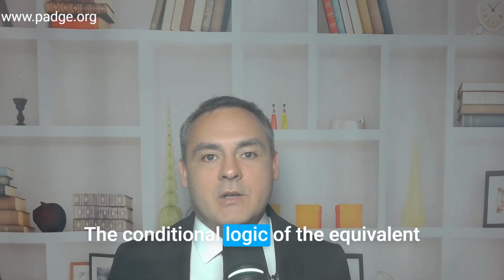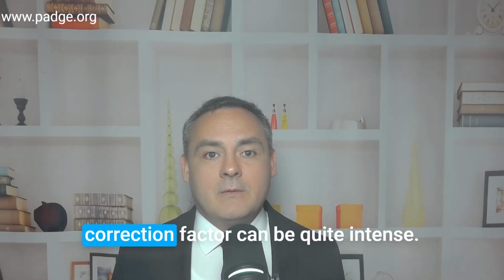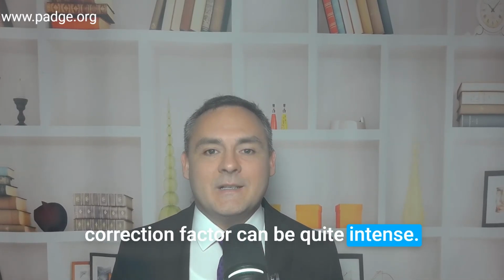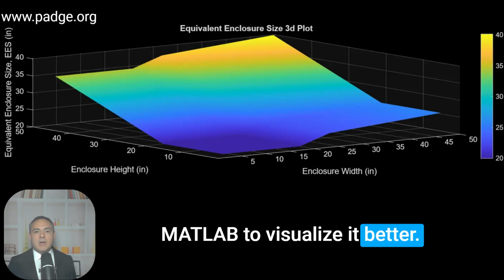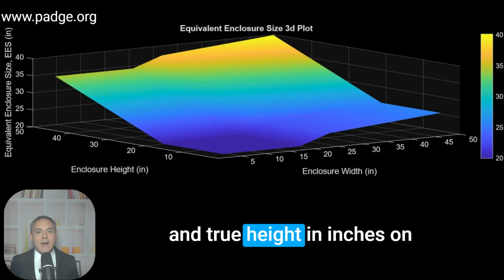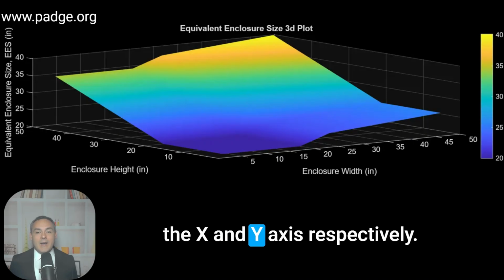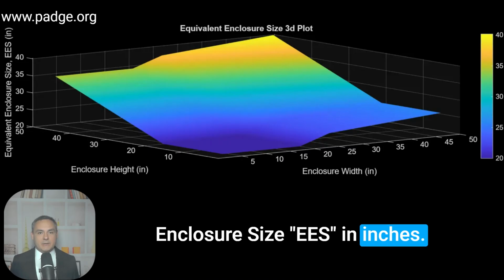The conditional logic of the equivalent enclosure size and the corresponding correction factor can be quite intense, so I've made a graphic from MATLAB to visualize it better. The plot is true width in inches and true height in inches on the X and Y axis respectively. The Z axis is the equivalent enclosure size in inches.